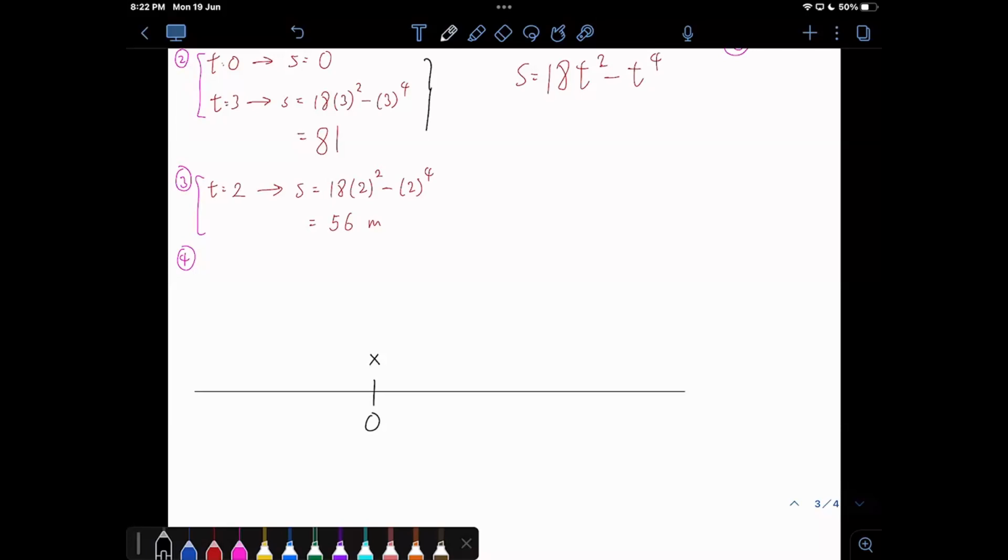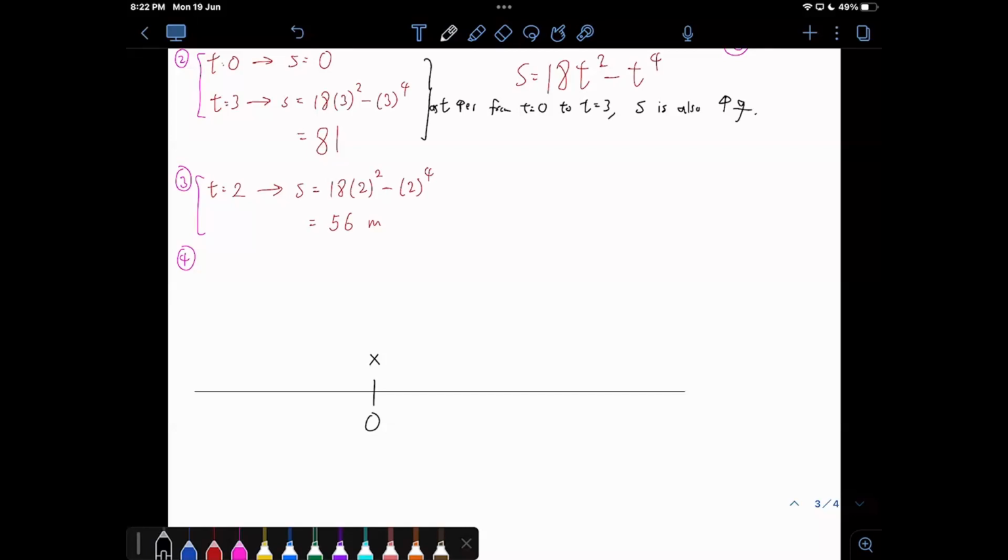We can also quickly check that as t increases from t equals 0, the handwriting is so bad. I hope you can see. Is it clear enough? As t increases from t equals 0 to t equals 3, the s is also increasing.